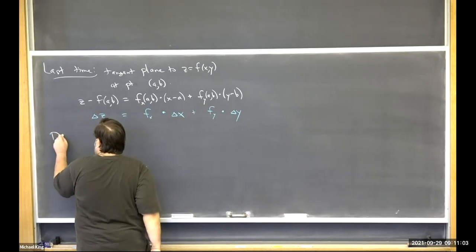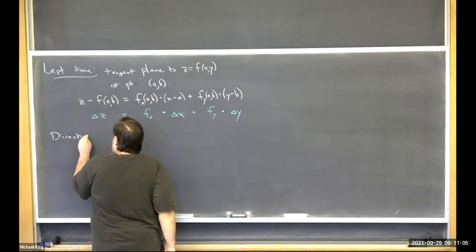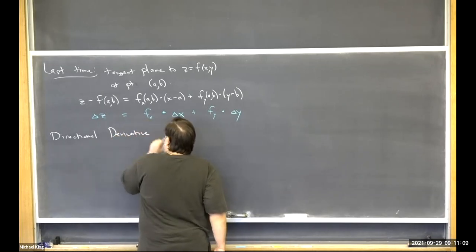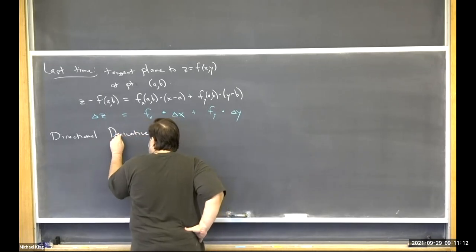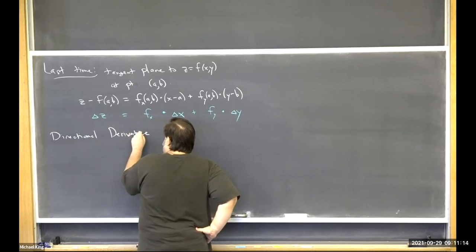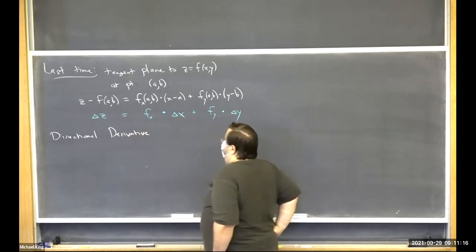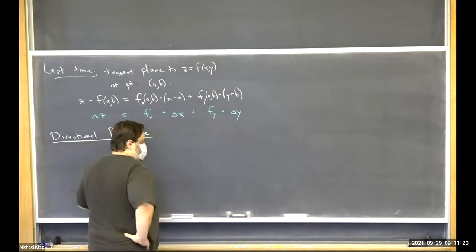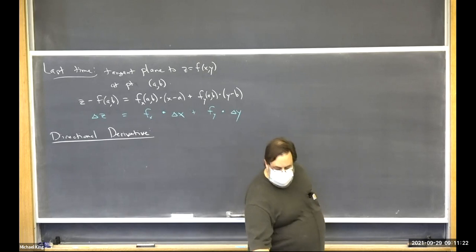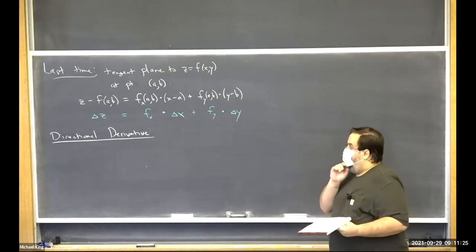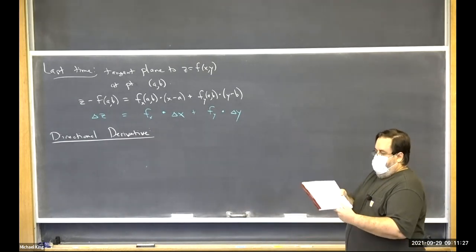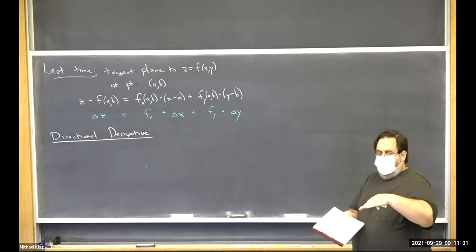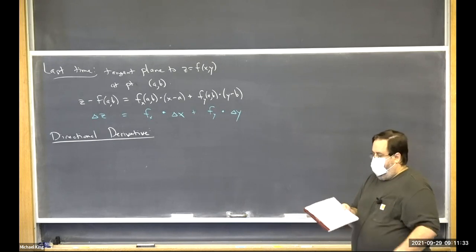So, directional derivative. Oh, my R's and my V's look very similar. Okay. So I mentioned that there's a conceptual idea that if you're at a point on a surface and you zoom in, you basically start to see the tangent plane, just like in single variable calculus, when we zoom in on a curve, we start to see the tangent line.